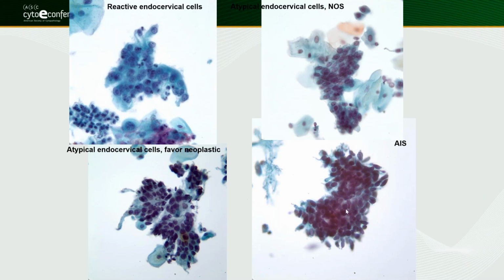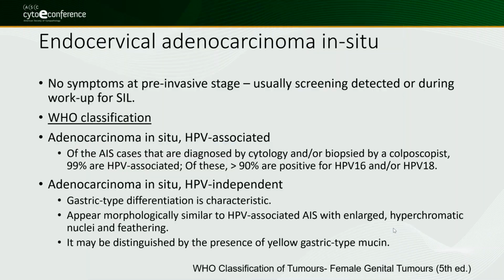Again, it's important not to overcall atypical endocervical cells NOS, because I will show you in the management, all AGUS diagnoses will lead to some kind of clinical management procedure. Okay, so that's atypical endocervical cells.